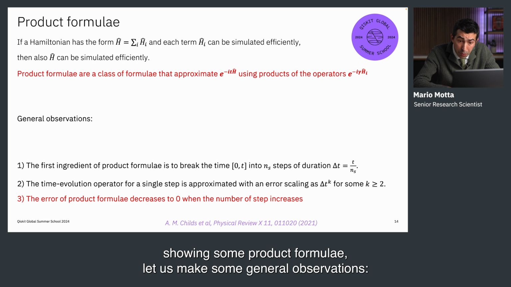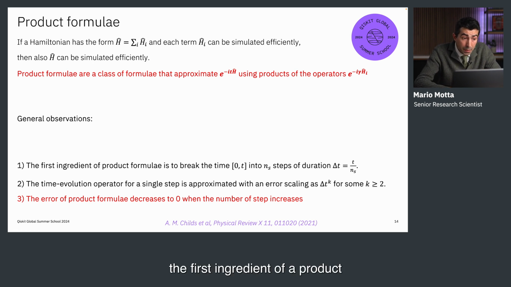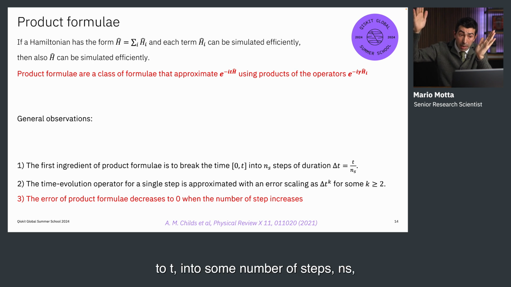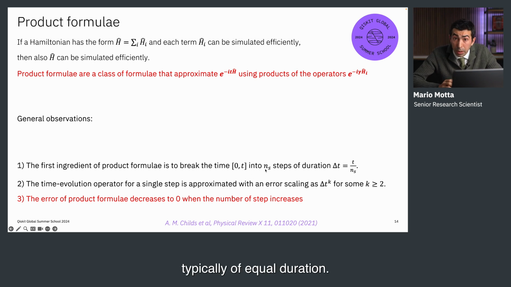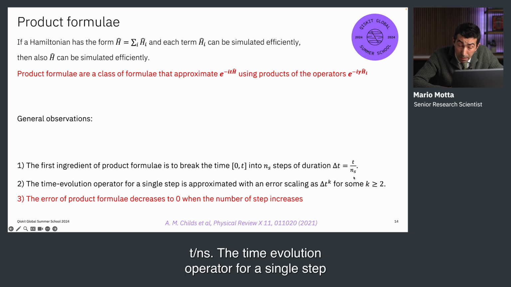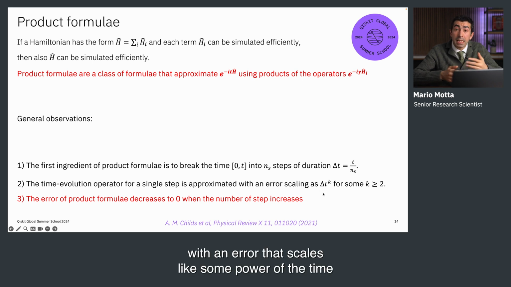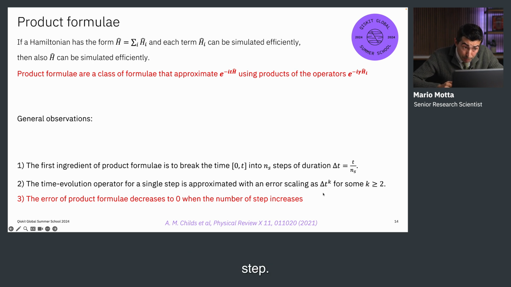Before showing some product formulas, let us make some general observations. The first ingredient of a product formula is always to break down the time interval, 0 to t, into some number of steps, n_s, typically of equal duration, t over n_s. The time evolution operator for a single step is then approximated using products of the exponentials of the H_i terms with an error that scales like some power of the time step.